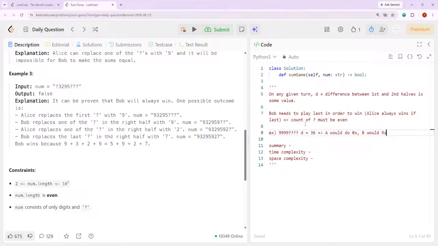If it's already unbalanced, let's say there was like 9 question, 1 question. So it's already unbalanced in favor of the first half. Alice would just keep the imbalance by making the largest number in the bigger half.